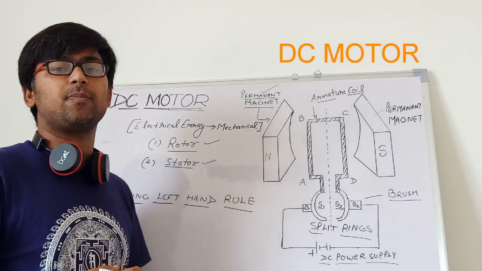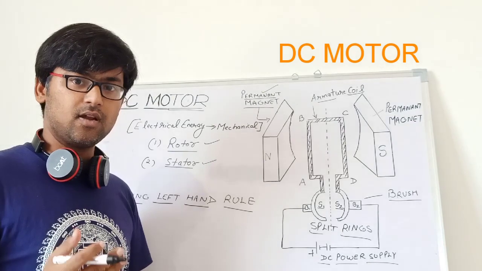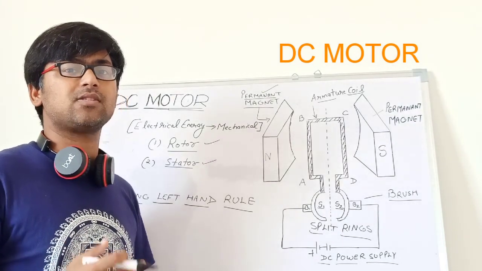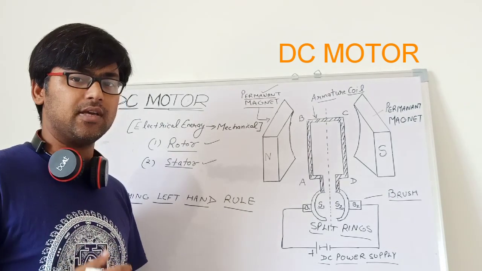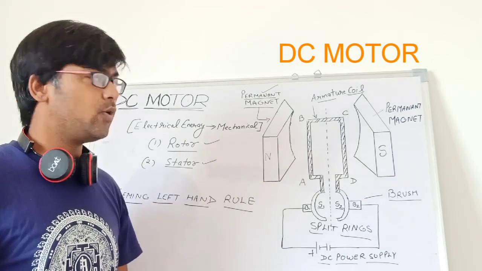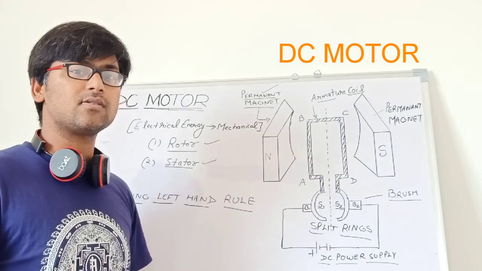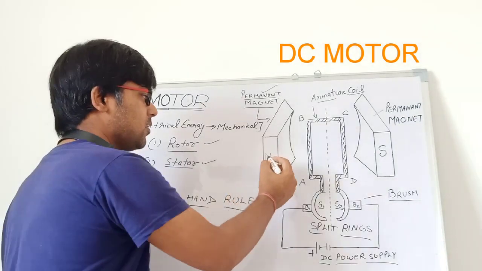It works upon the principle that whenever a current carrying conductor is placed in a magnetic field, it will experience some kind of force. Clear? This same principle is used in the DC motor. In this case, this is my conductor, you can say armature coil. It is placed in a magnetic field produced by the magnets.